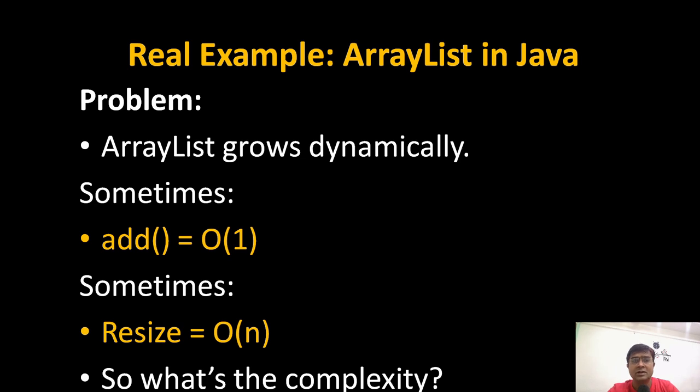In a real example, if you have an ArrayList in Java, the ArrayList grows dynamically. Sometimes you perform add operations, and sometimes there is a resize operation. When you perform the add operation, the time complexity is O(1), and when you perform the resize, the complexity is O(n).